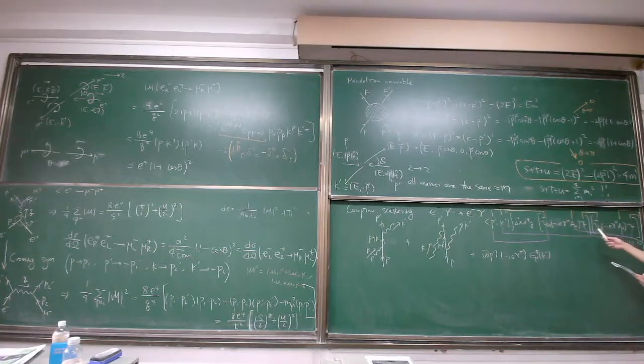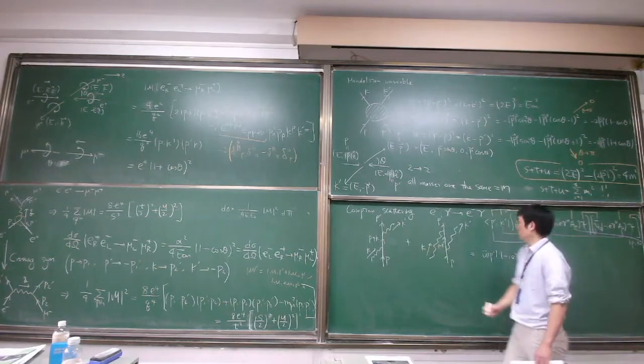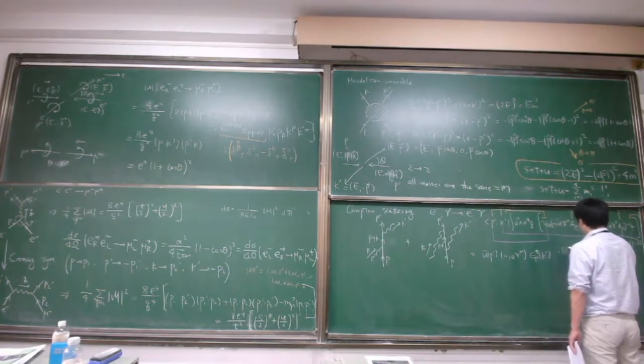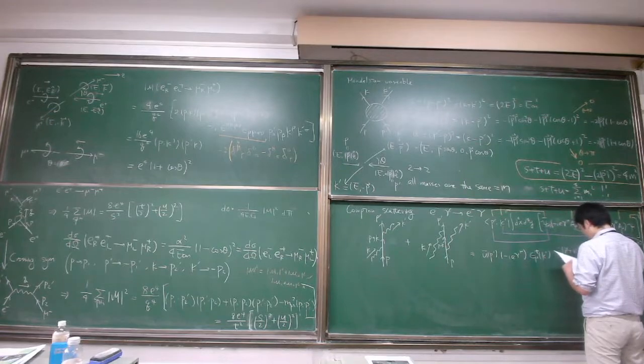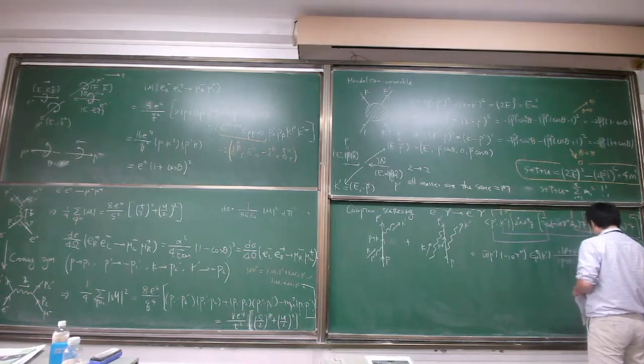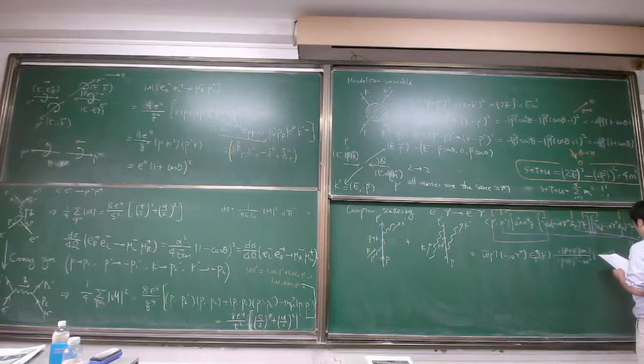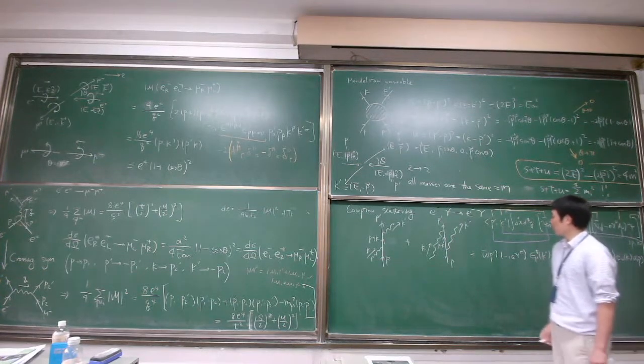And you have the propagator of the fermion, which has momentum p plus k. Therefore, it should be p plus k. So this is the first one.